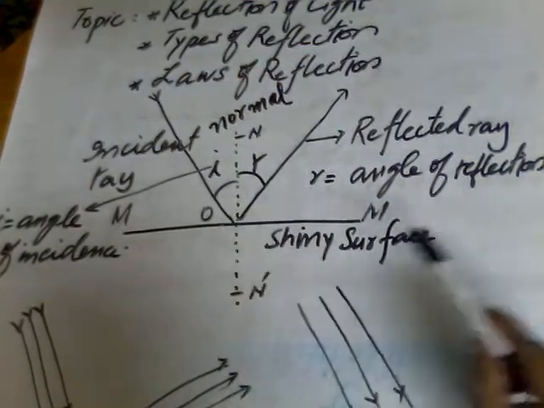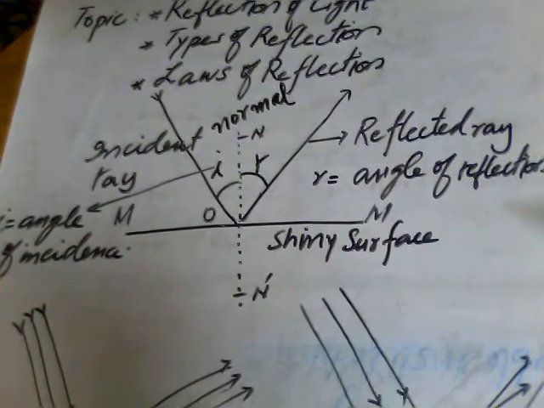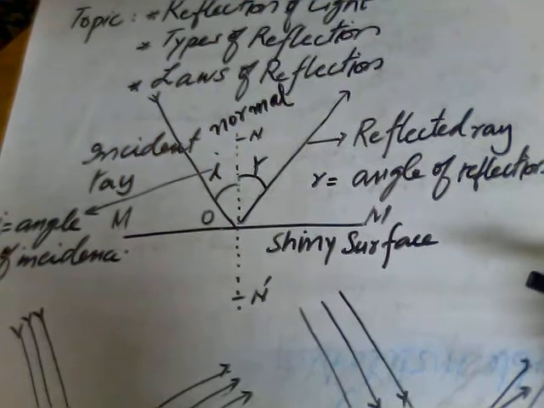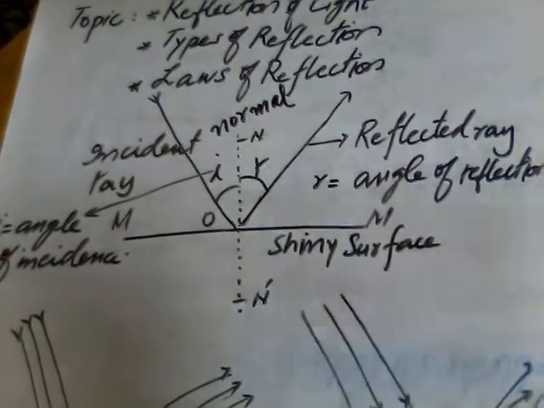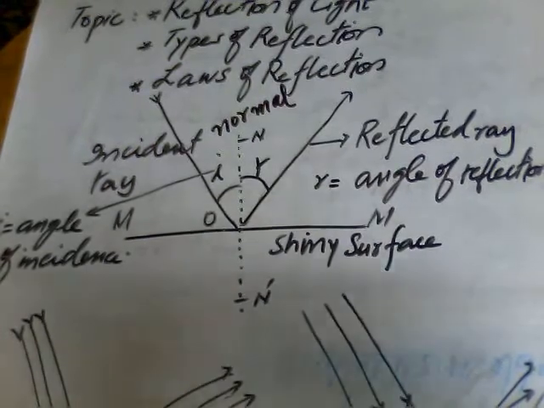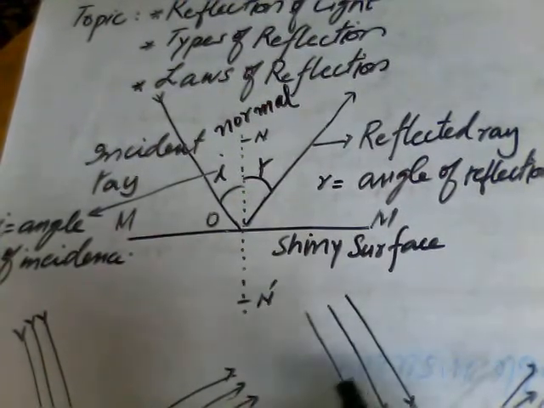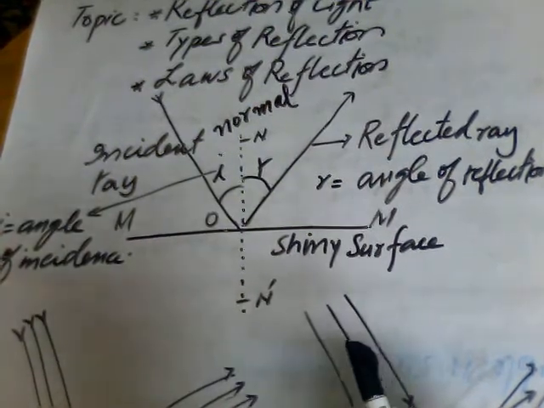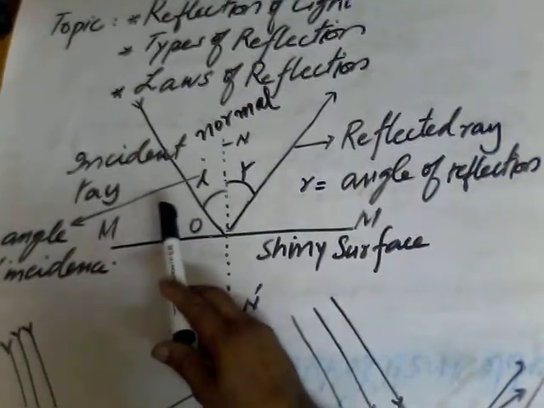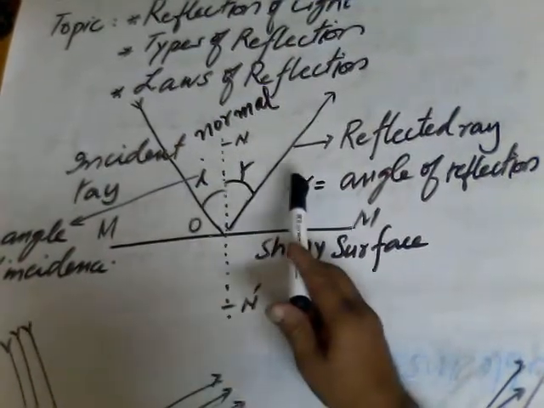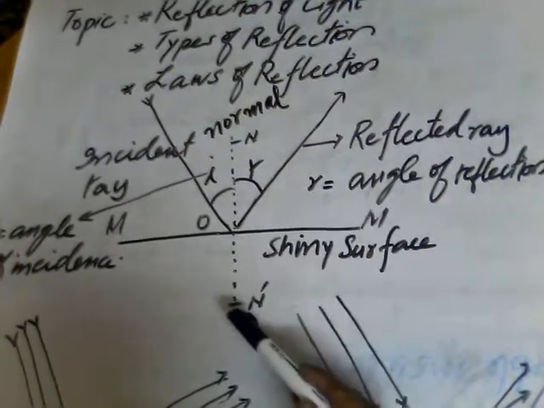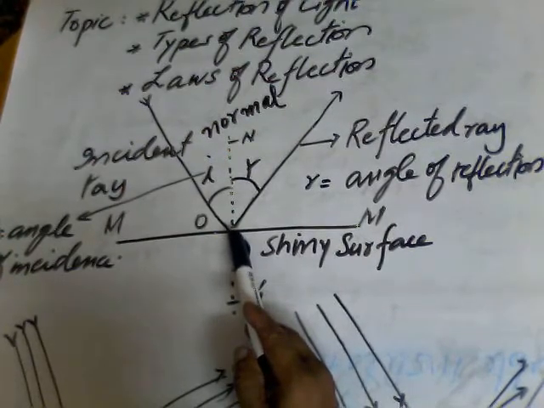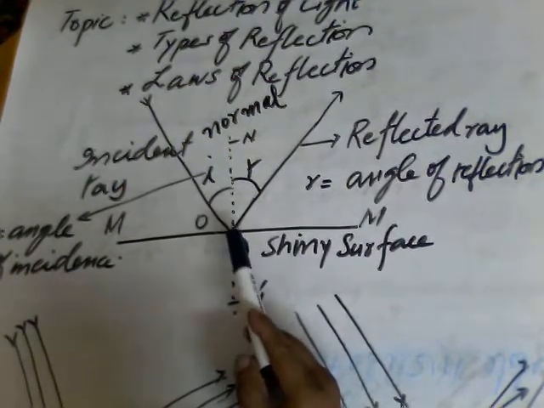Sometimes the students say incident ray, reflected ray, and the normal ray. Normal is not a ray. Normal is an imaginary line on the shiny surface. So again, I'm going to repeat it: incident ray, reflected ray, and the normal, all these three at the point of incidence lie in the same plane.